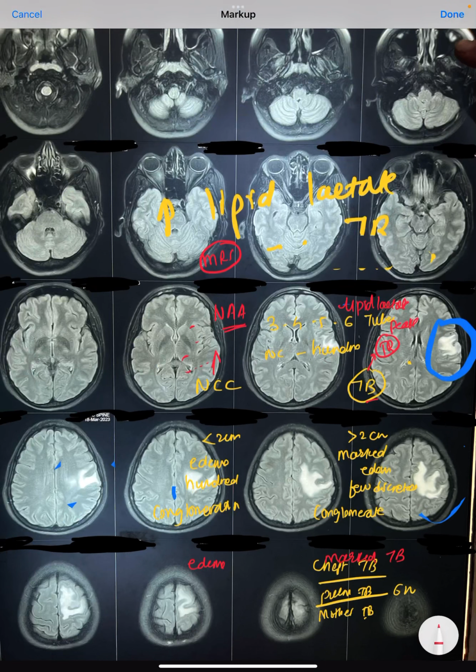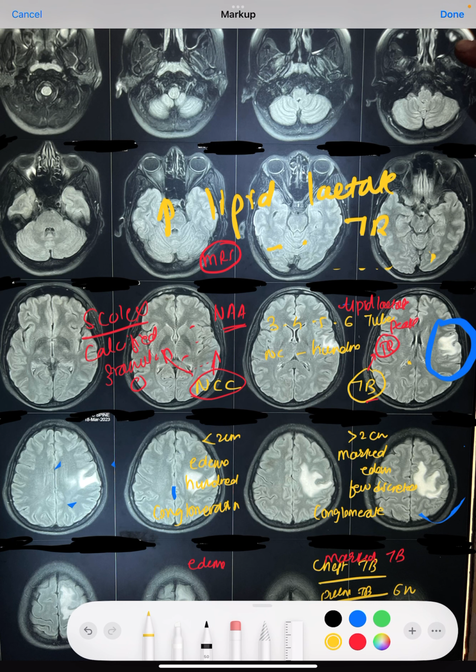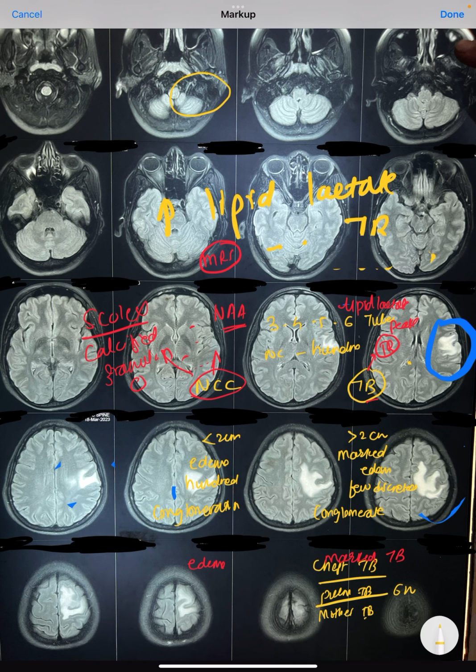One more thing: in a neurocysticercosis patient, the MRI may show scolex formation or calcified granulomas or ring enhancing lesions. Scolex is usually a lesion with an eccentric head. Scolex means actually the head of this neurocysticercosis lesion.